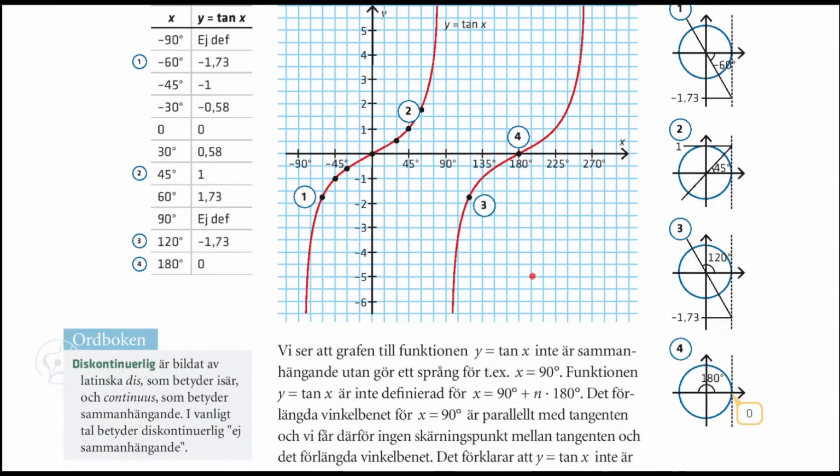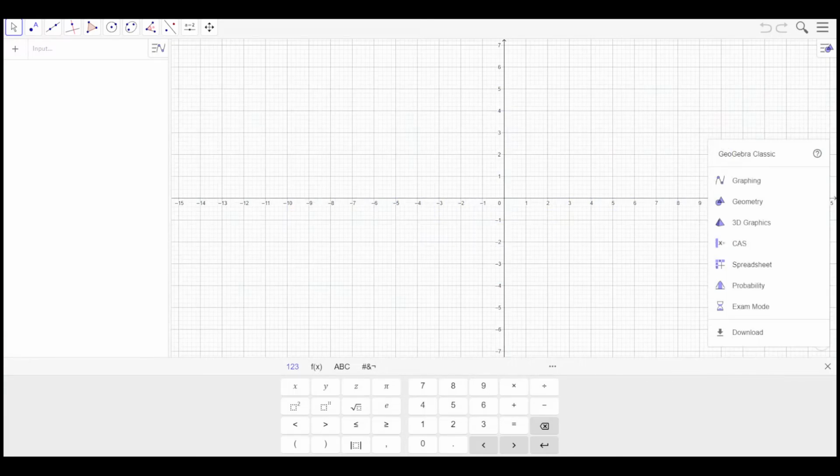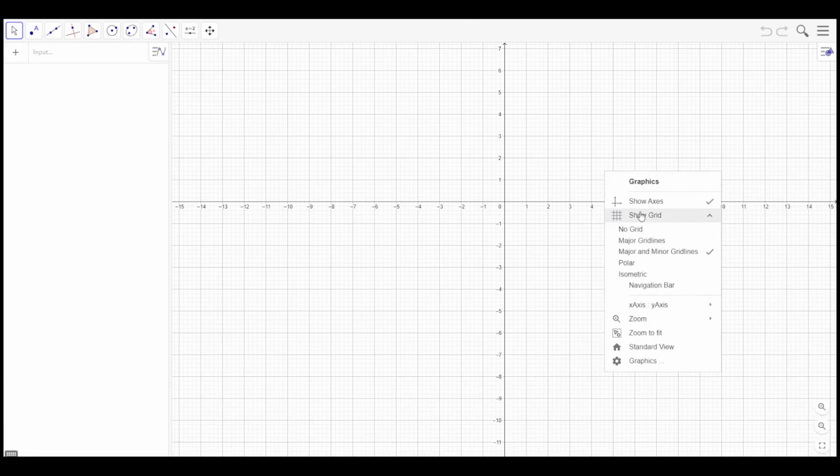I think it's a good idea if we go to GeoGebra here as well, and to see how we can draw the graph. Okay, so I will first get rid of these extra lines here. Oops, it is not functioning. Okay, so let me just get rid of these.